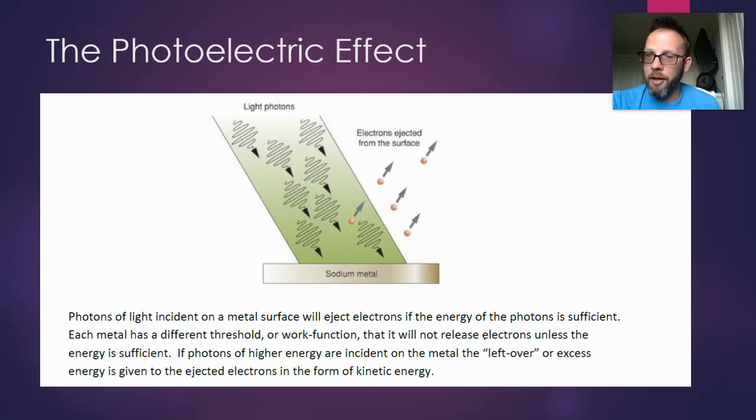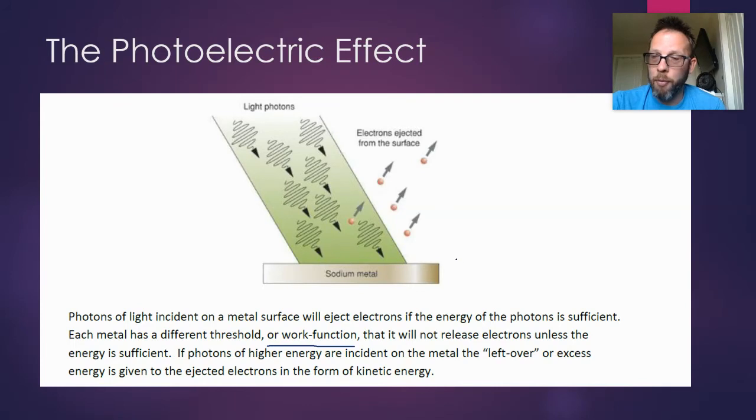Loosely speaking, it's like your solar calculator, one example of this effect. Light comes in, free electrons are created that are available to provide a current, maybe run a small device. I mentioned each metal has a different threshold. We're going to call that the work function.